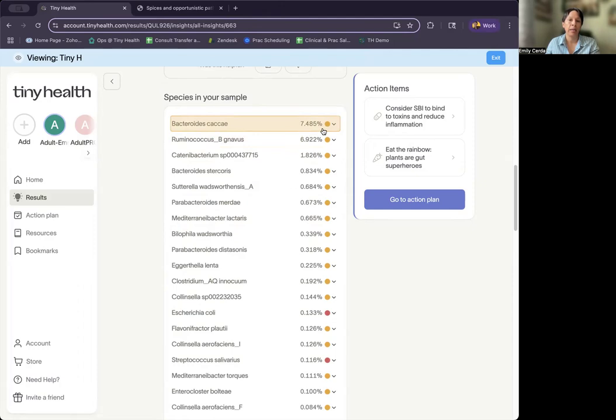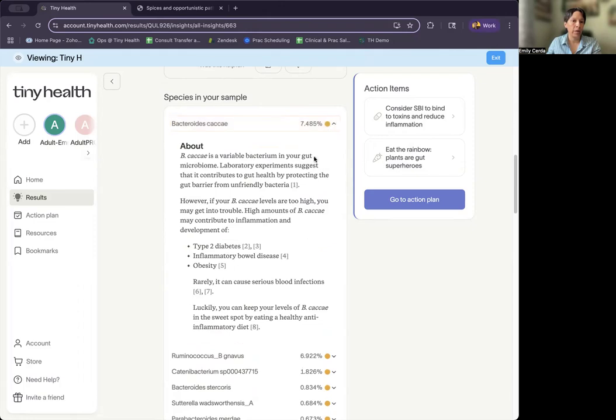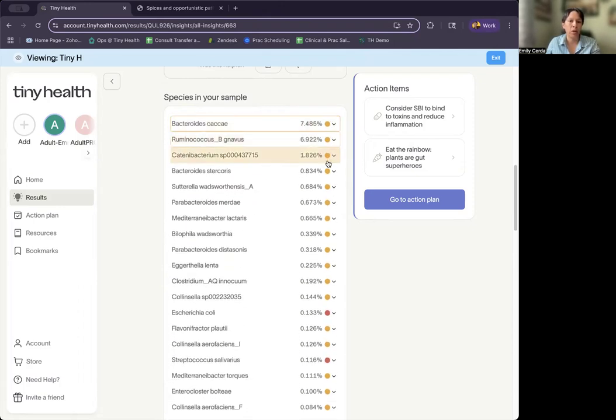But as with any yellow or variable microbe, it's like a commensal. If it grows too far out of range, it becomes problematic. And for any of these, you can click in and see, if this were out of range, which you could see elsewhere in the test as an overabundant species, what the associations are with it. Again, this is not out of range. It's just yellow because it's a variable bacteria type.